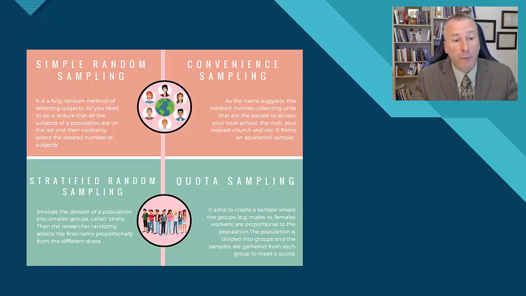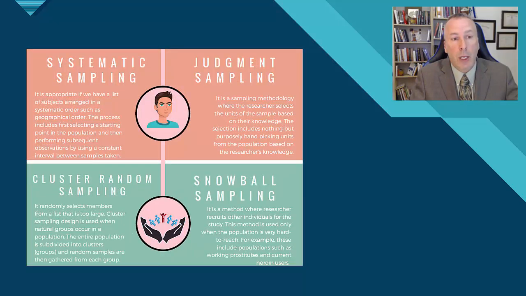Stratified random sampling, where smaller groups are selected from that overall group, versus quota sampling. Very similar, one structured, one not, where you are finding in the quota sampling a certain number of people in a certain group. So you see there's a similarity too. That's why these two are grouped together like this.